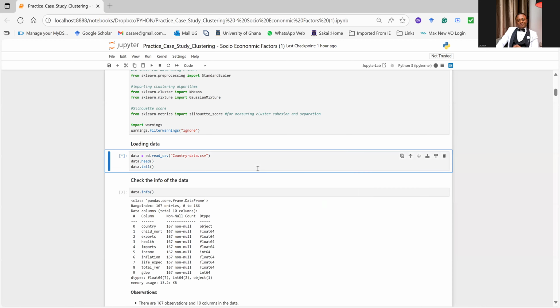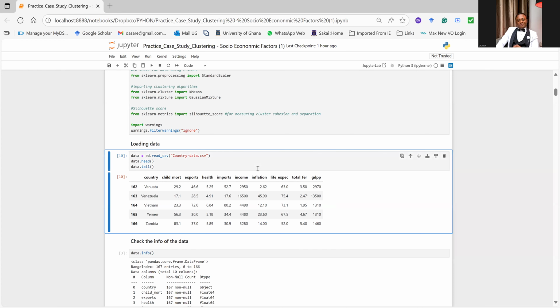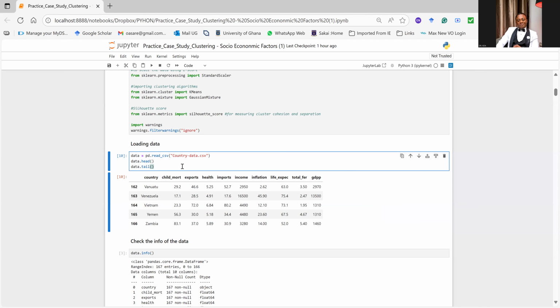It gives us the bottom of the data, which is 166. Well, it's actually 167 because it starts from 0. And that is Zambia, the last row of the data set. I just added that. That wasn't given to you, but you can add that so that you know.